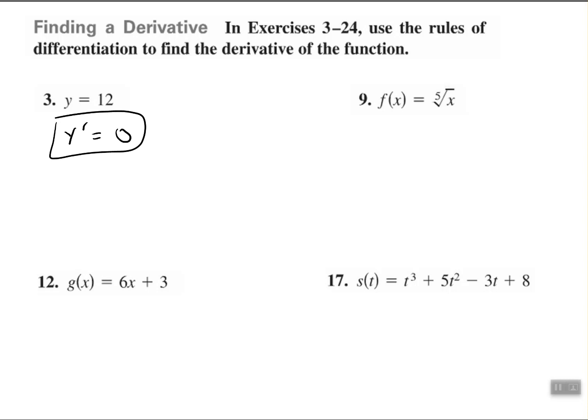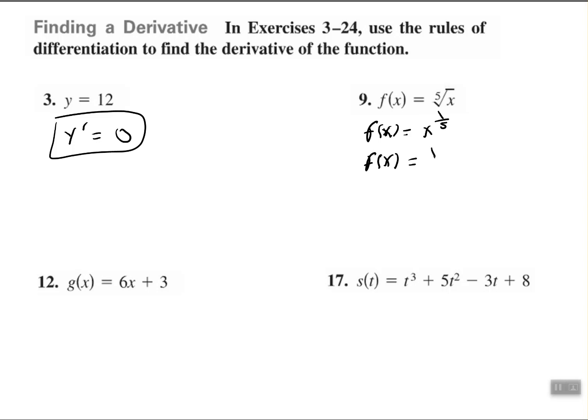Okay, number 9, we have f of x equals the 5th root of x. The first thing that we would need to do is to rewrite this in exponential form. So f of x equals x to the 1/5 power. And then we would use our power rule. The power rule says that we take this exponent, bring it down as a coefficient, and then subtract 1 from the exponent.